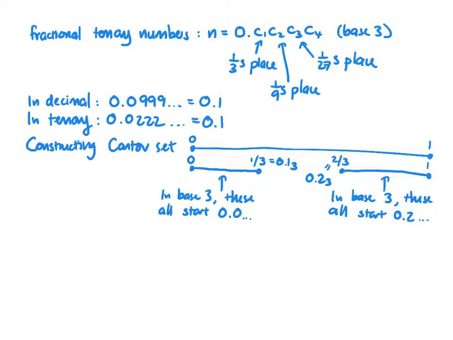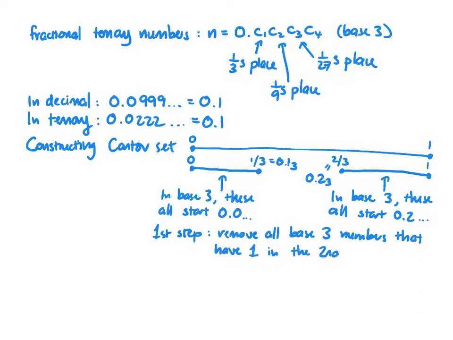So what's happening is in the first step, we remove all base 3 numbers that have a 1 in the second ternary place. Right? I remove that middle, and that's what corresponds to numbers that begin 0.1 and so on in ternary.